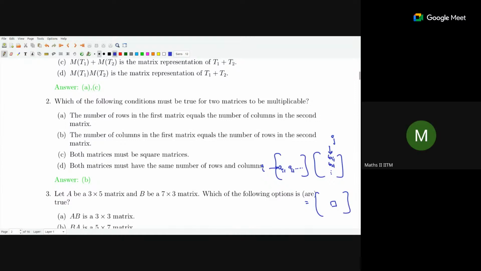You have to take this, multiply it with this, and do the same for all the other entries. Whatever product values you get, you just add them up. Finally, that will give you the i comma jth entry in the product. So these things are pretty straightforward.